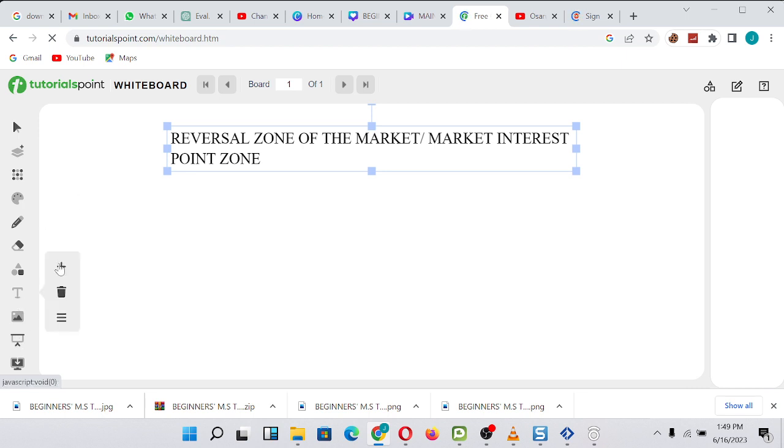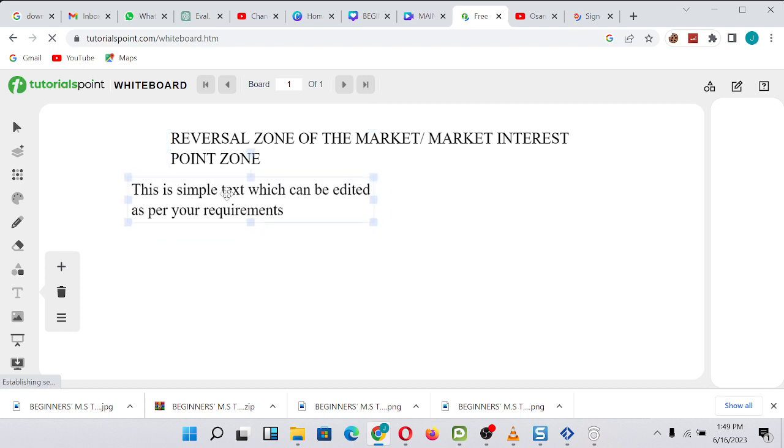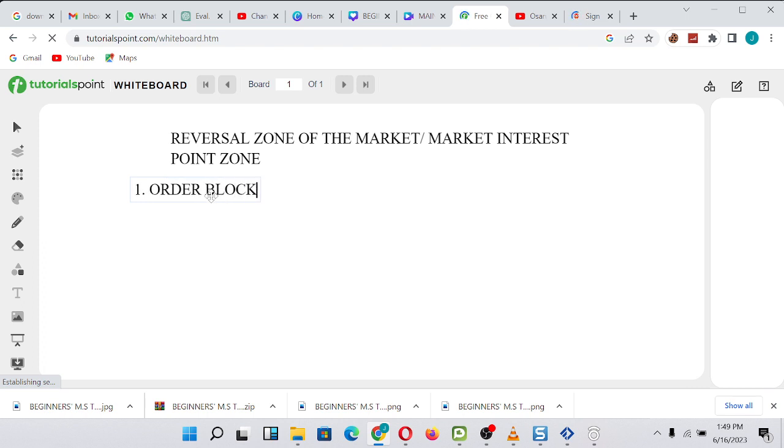So the various characteristics, we're looking at three of them. We have our order block, we have fair value gap, which is known as F.V.G., and we have our king order block.